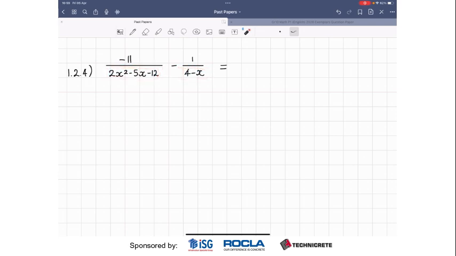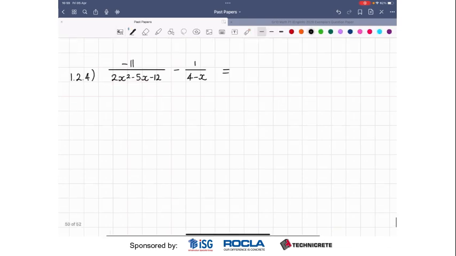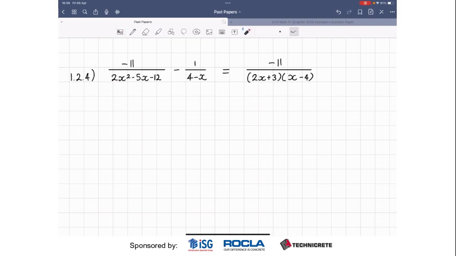So the first thing that I'm going to do is factorize this quadratic expression of x. When I factorize this, I find that my first factor is going to be 2x plus 3, and the second one is going to be x minus 4, and my negative 11 is going to stay the same at the top.